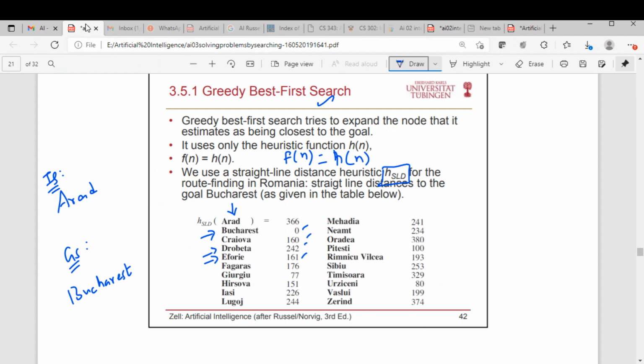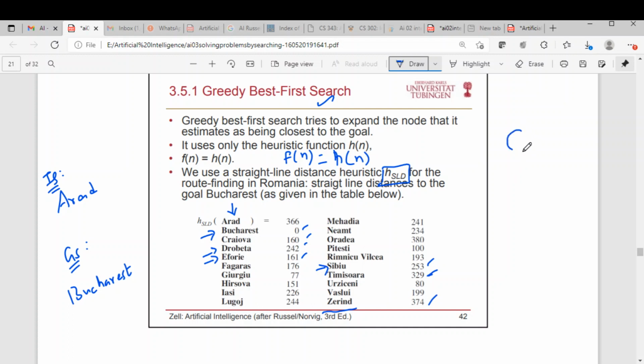From Zerind, what is the cost of reaching Bucharest? 374. From Sibiu, what is the cost of reaching Bucharest? 253. Then from Timisoara, what is the cost of reaching Bucharest? 329. Out of these three, which is the cheapest cost path? Sibiu is the cheapest cost path. So the algorithm will choose Sibiu, right?